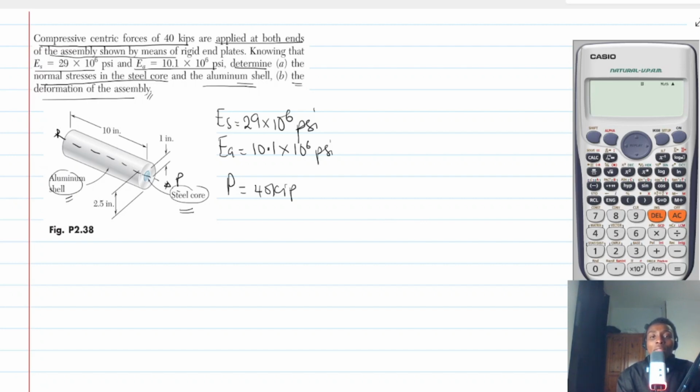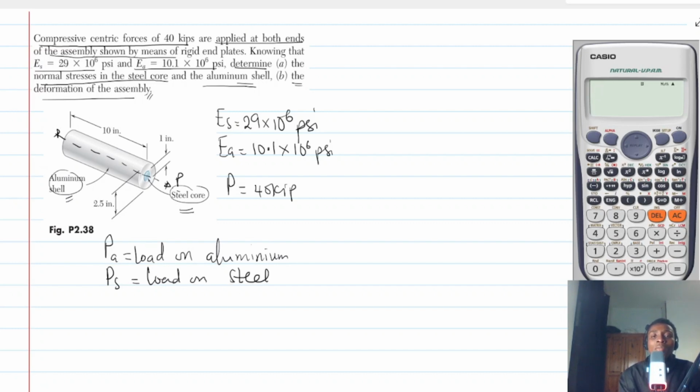Let PA represent the portion of the load carried by the aluminum, so PA is equal to the load on aluminum, and PS will be the load on the steel.